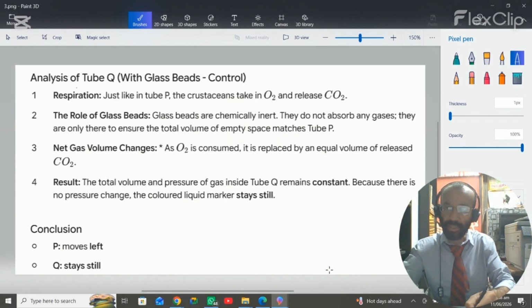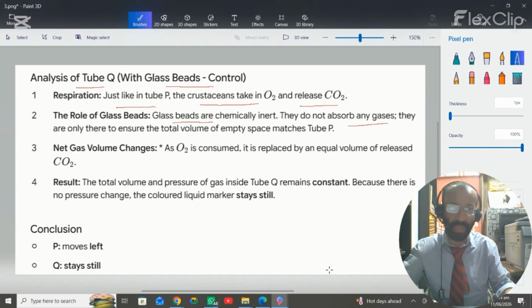Analysis of the tube Q with the glass beads, the control. Just like in tube P, the crustaceans take in O2 and release CO2. The glass beads are chemically inert. They do not absorb any gases.